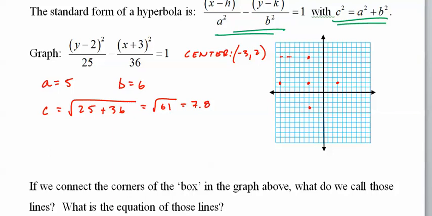Before I get into that, let's draw a box. Connect the diagonals. It's vertical, so we go up here.